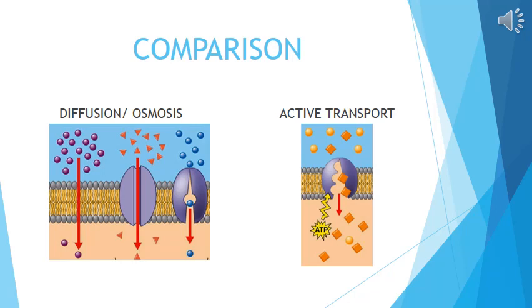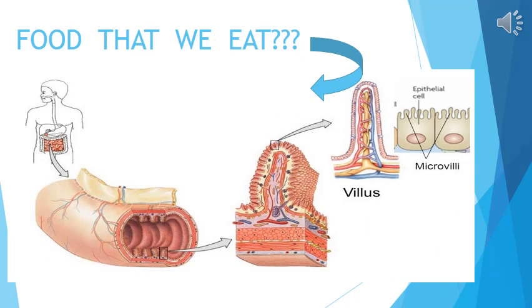Dears, have you ever thought what happens with the food that we eat? How is it absorbed into your body? The food that is digested by your stomach and is absorbed by the small intestine, its surface area is increased into many folds by finger-like projections called villi.